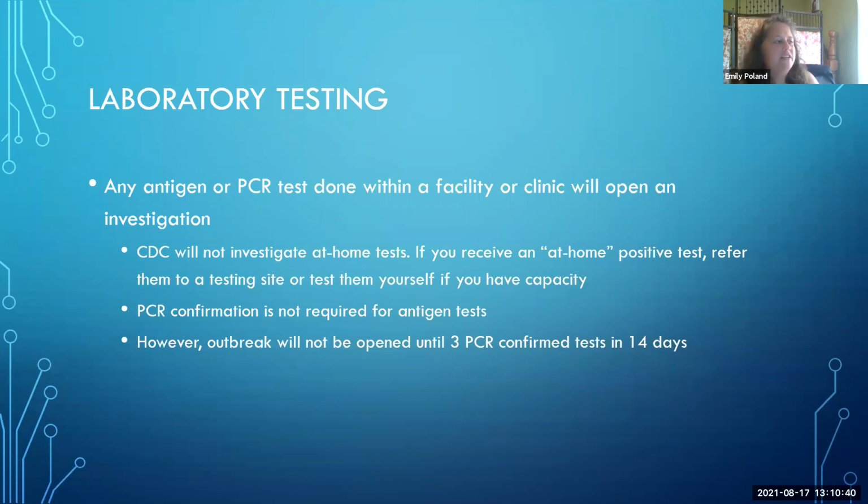Maine CDC will not investigate an at-home test. So if someone calls you or provides an at-home test that is positive, I would recommend you either refer them to a testing facility, or if you're able, you can test them yourself with a Binax Now and be able to report it that way.